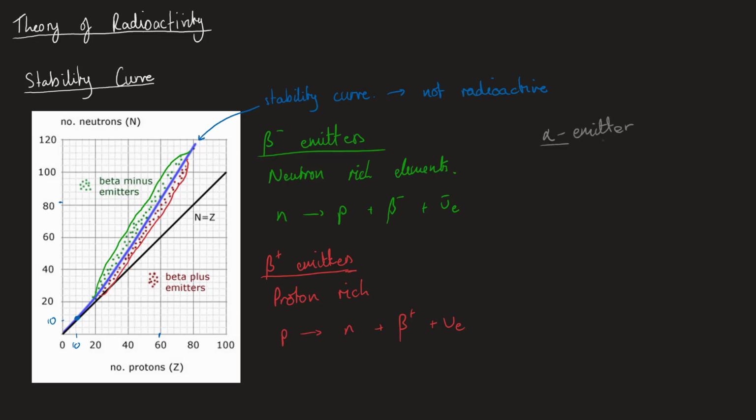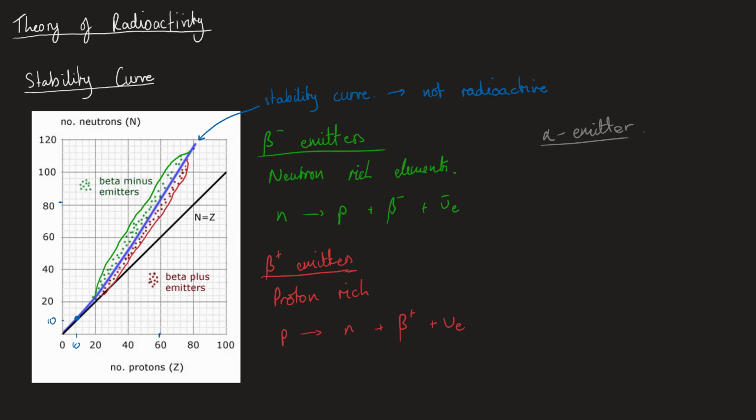Now the alpha emitters, we know that alpha decay is when we release a full helium nucleus from the nucleus of whatever this radioactive isotope is. Now for that to happen, not only are we decreasing the number of protons in that parent nucleus, we're also decreasing the number of neutrons, which means that it can't have just been a proton-rich or a neutron-rich nucleus.